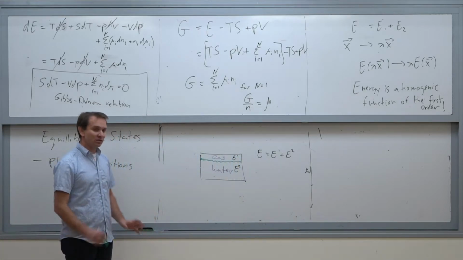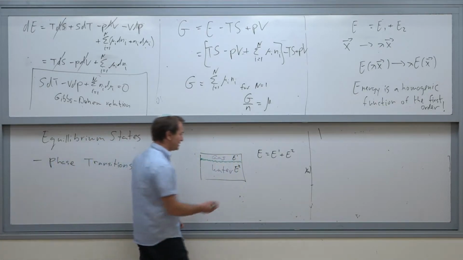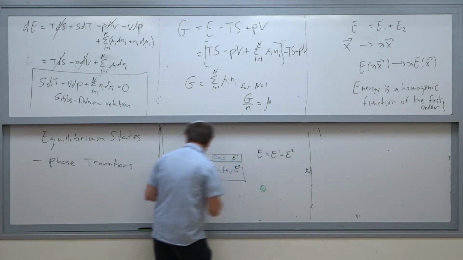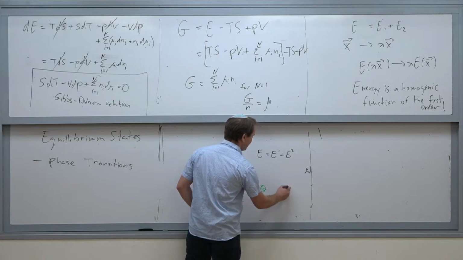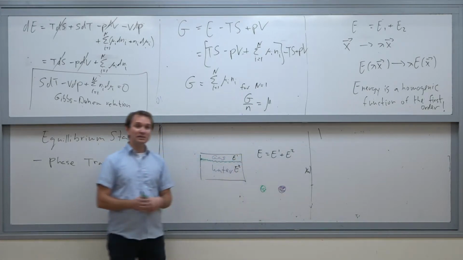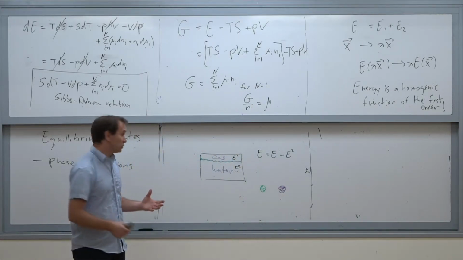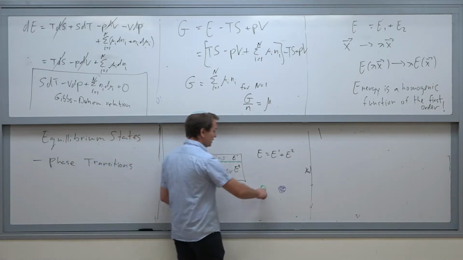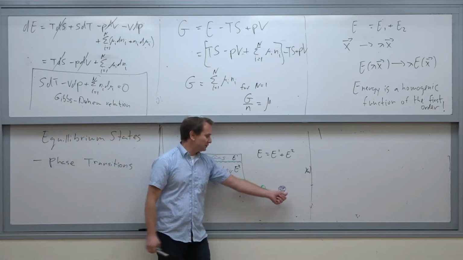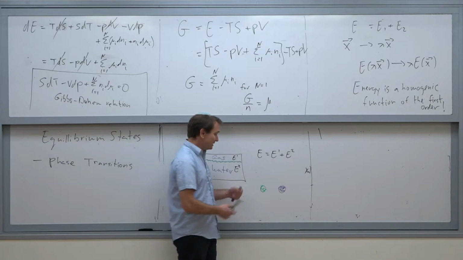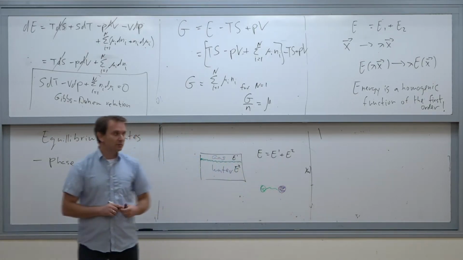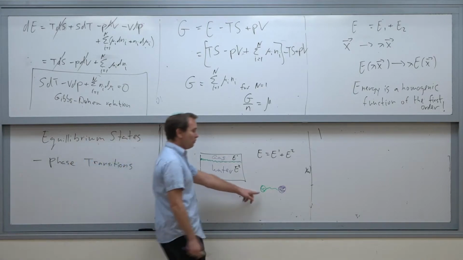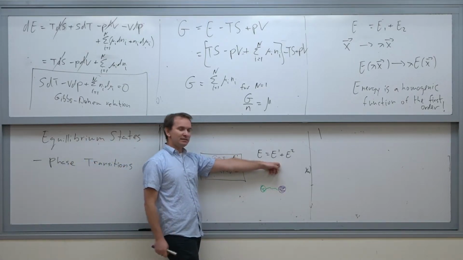The clear answer is yes, of course. Why? Because if I had two particles, a green particle and a purple particle, what is the total energy of the system? It is the self-energy of this particle plus the self-energy of this particle plus some interaction between the two of them. So for two particles, my extensivity property is not working.